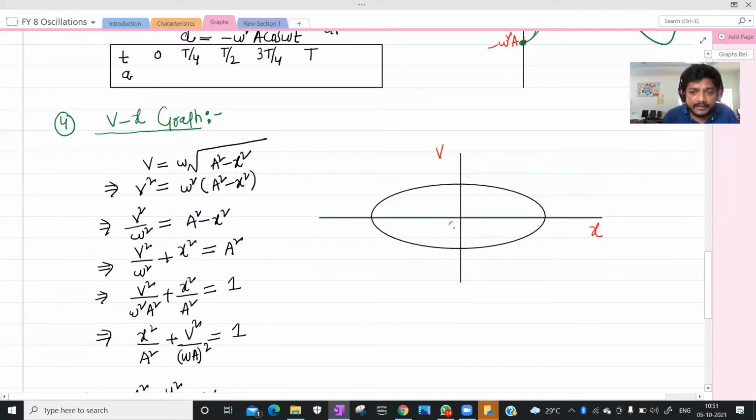Here this is a, this is omega a. For example, take points P and Q: OQ is omega a, OP is a. This is the graph we are getting. Okay? Yes, sir, understood, sir.